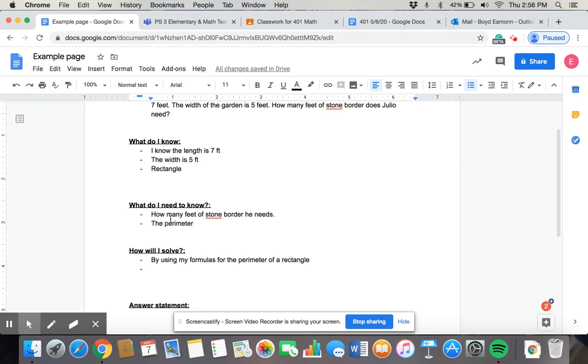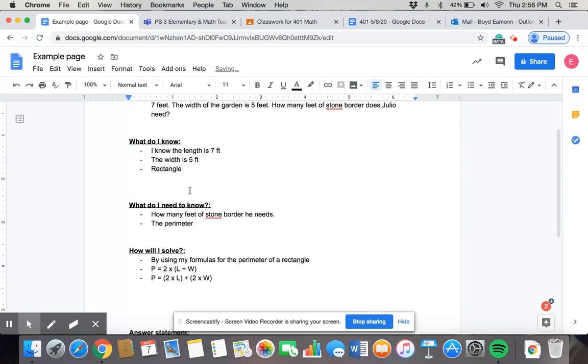One of them is perimeter equals 2 times the length plus the width. And the other one is perimeter equals 2 times length plus 2 times width.